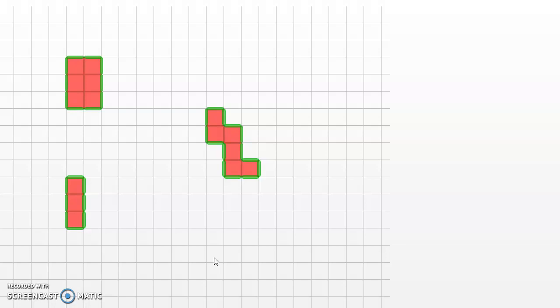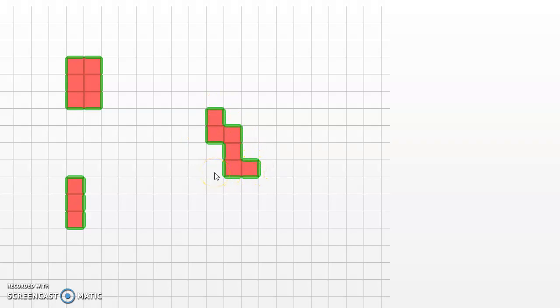So right here, there are 1, 2, 3, 4, 5, 6 tiles. Notice it's the same area as the first shape, but they're arranged in a different way. The first shape had 10 toothpicks, but this one has 1, 2, 3, 4, 5, 6, 7, 8, 9, 10, 11, 12, 13, 14.